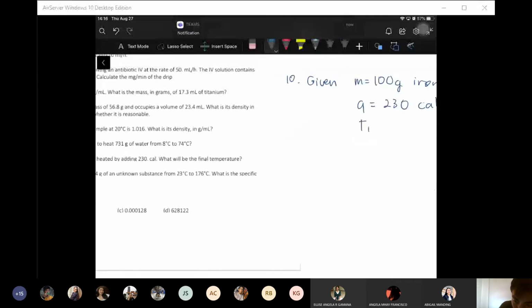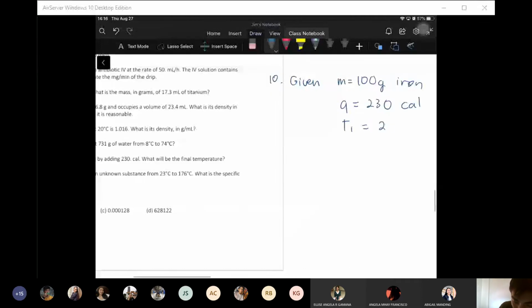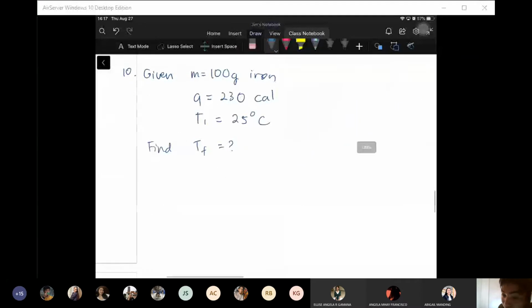Initial temperature is 25 degrees Celsius. Find final temperature or TF, no? Okay, so with that, let's try to answer.